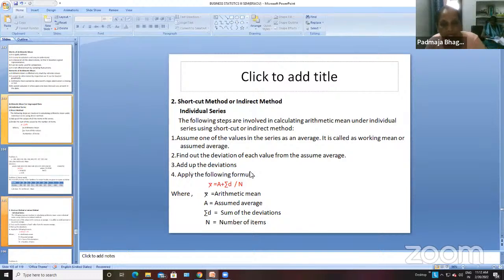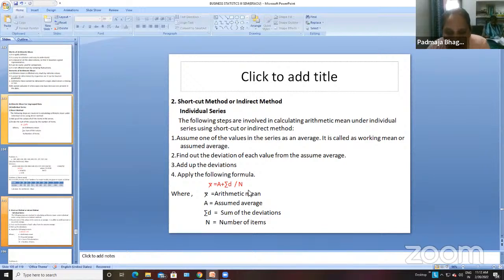Then add up all the deviations and apply the following formula. अभी तक अपन individual series में direct method देखे. And in the same individual series, we have one more method, that is indirect. वही use करना, ये formula use करना, confusion नहीं होने का.